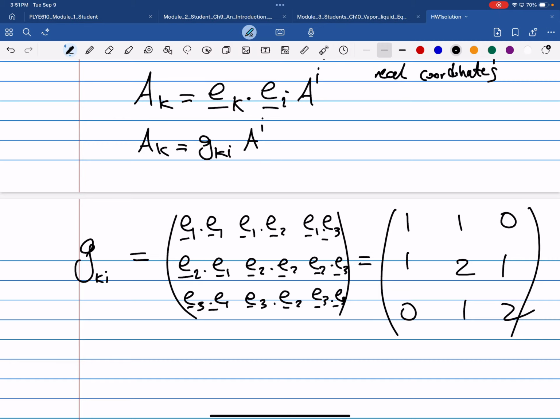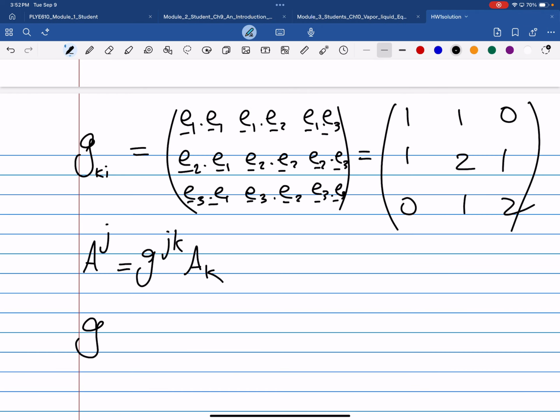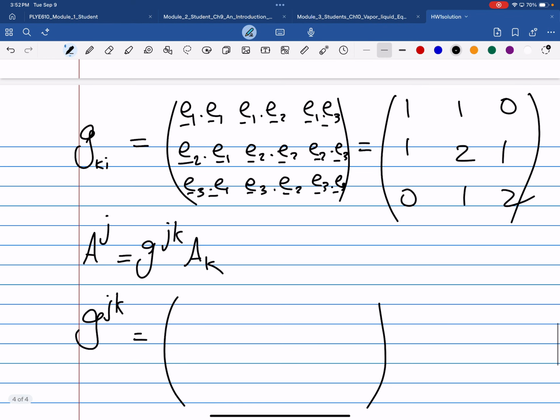If I want to get the contravariant components of the vector, let's call them A J, and this one G J K, it's the same thing, but now you are doing the inverse.